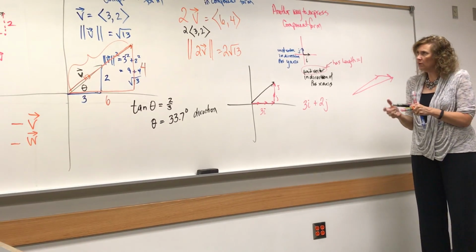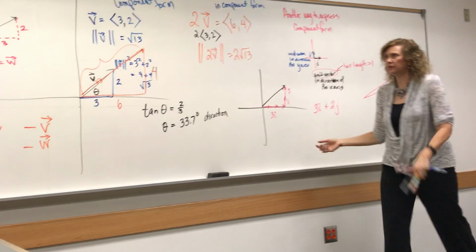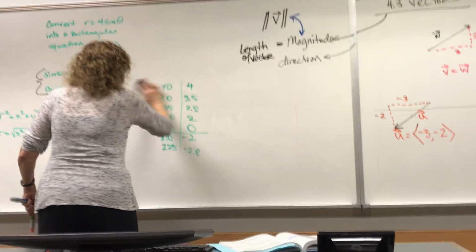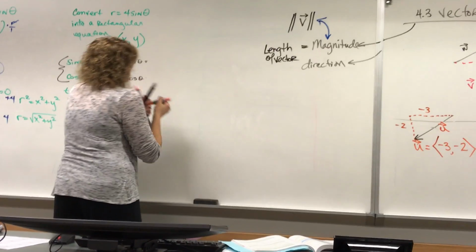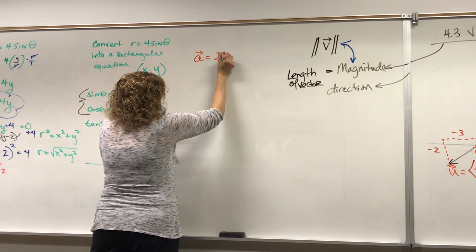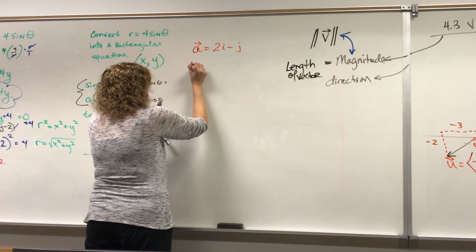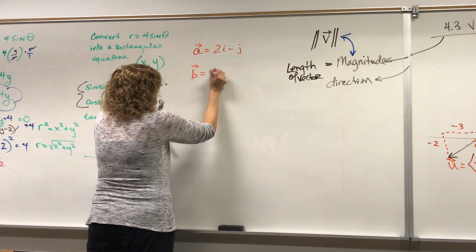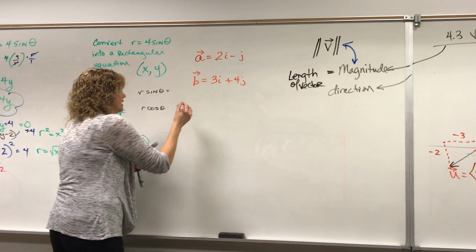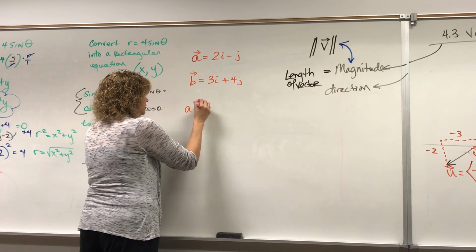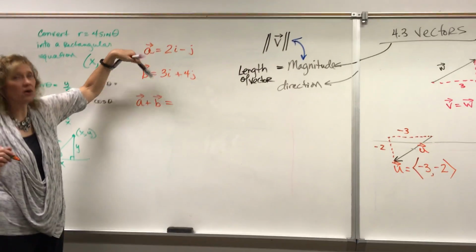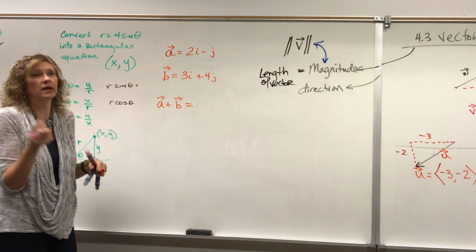But what's really cool about adding 2 vectors, whichever format you have them in, component form, if we know that vector A is 2i minus j, and vector B is 3i plus 4j, and we want to find vector A plus B, we are just going to take our corresponding components and add them together.